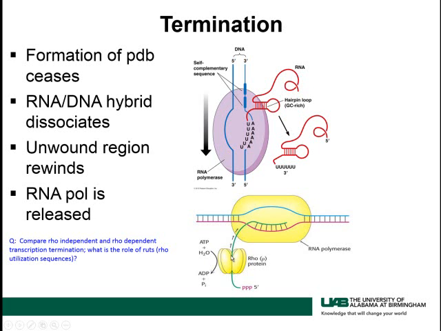Rho protein begins to travel up, and when it reaches where the RNA and DNA hybrid is formed, it causes the dissociation of the RNA from the DNA template, and then RNA polymerase then dissociates, and the DNA template begins to rewind back.